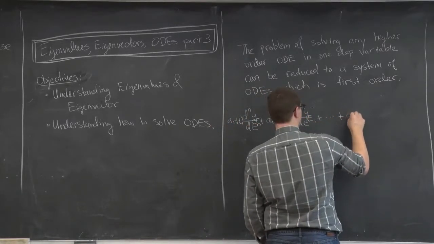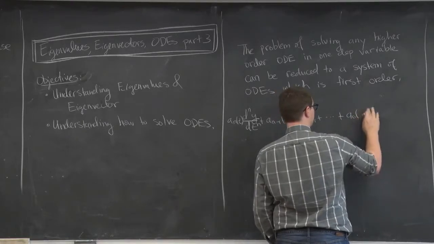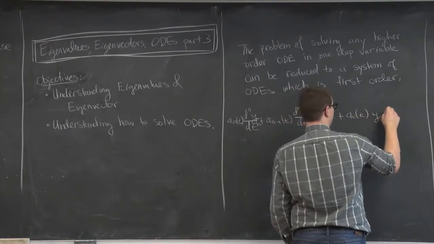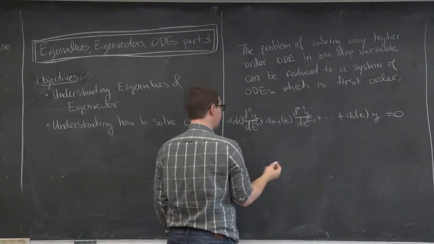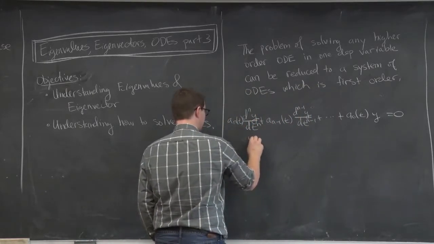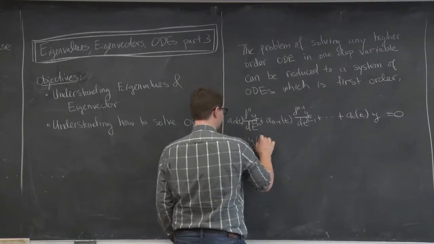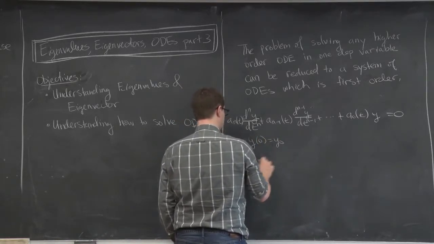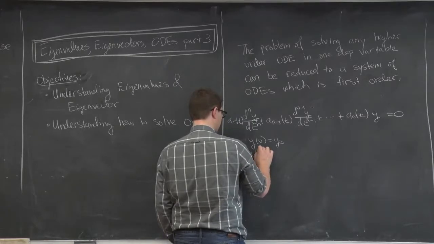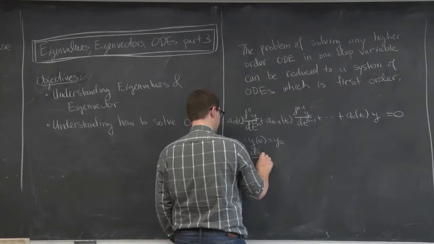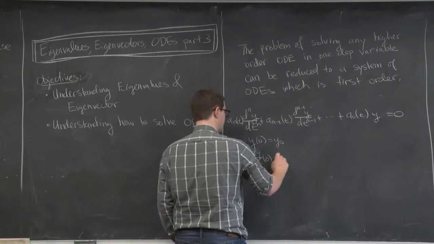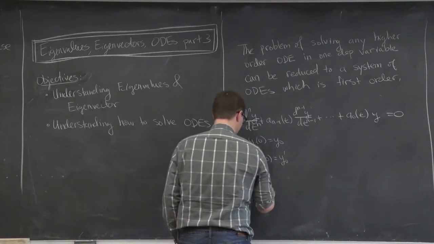So we can say a0(t) y, so we'll have something like this. And then we can have some initial values. So let's say we take some initial values, and then we'll go y prime, dy/dt at 0, this will be y prime of 0, and so on.